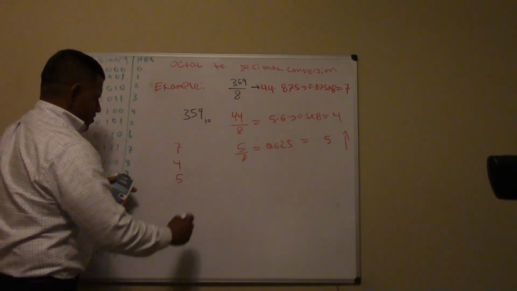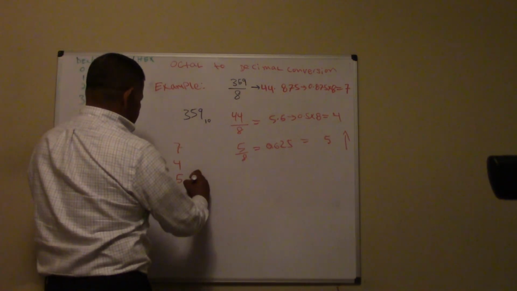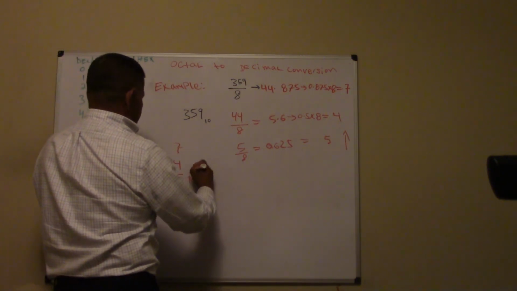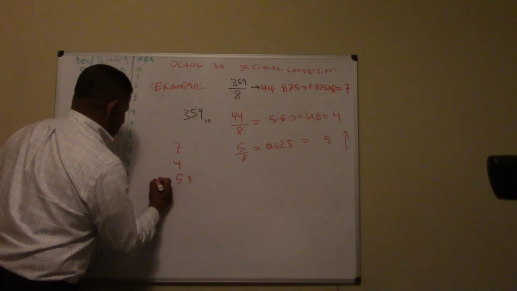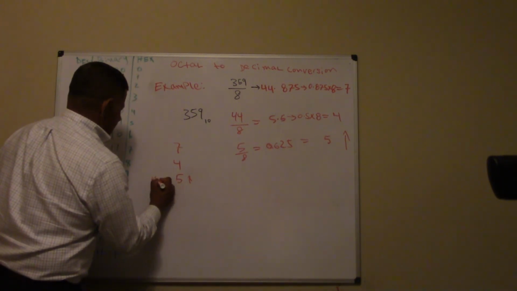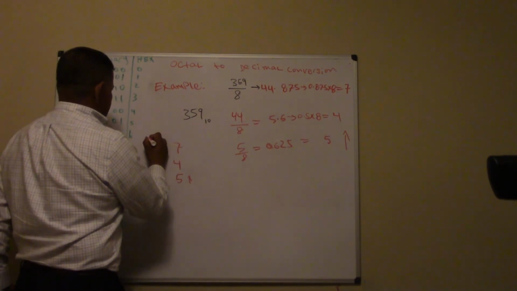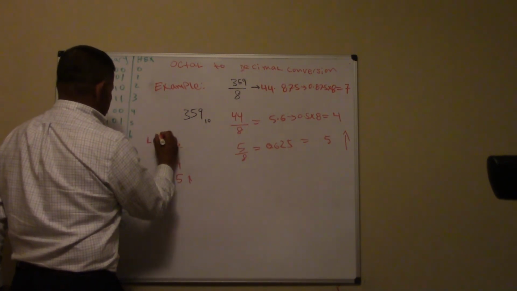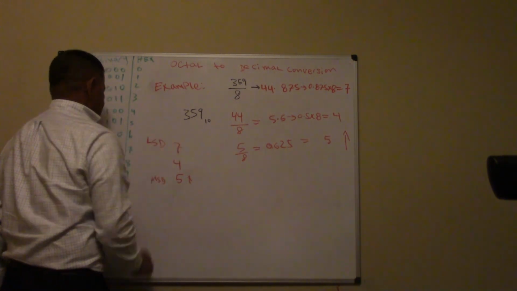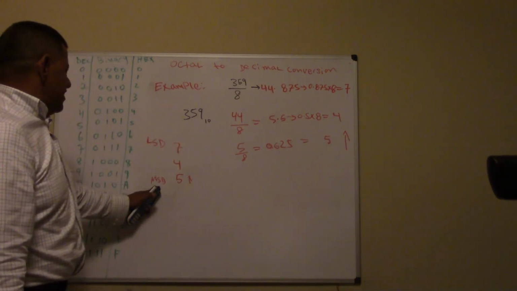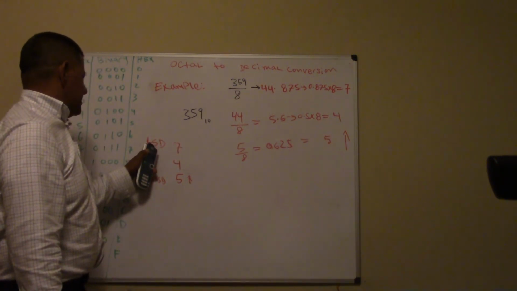So what they do is they read it up like this, and they call this MSD and they call this LSD, most significant digit and least significant digit.